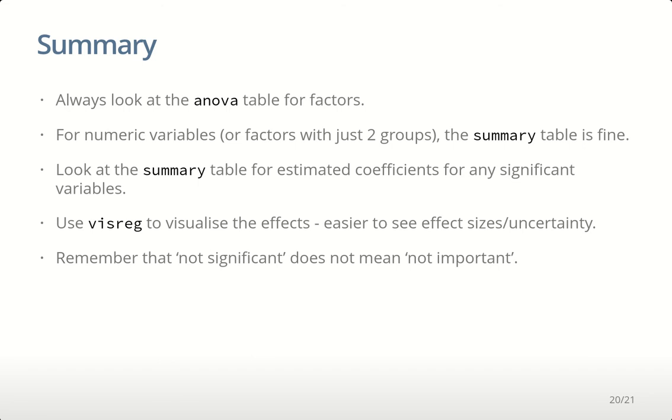The p-value is a combination of size and uncertainty, all mushed into each other, and isn't quite the thing you want. What you really want is how big the effect is, and so the more important thing to come out of a linear model is how big the effect sizes are. Okay, that's it.